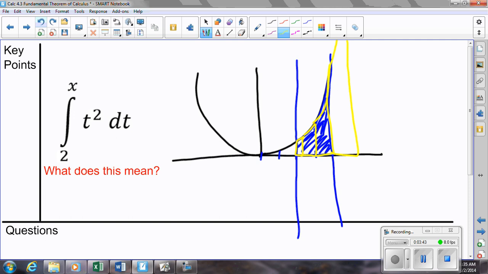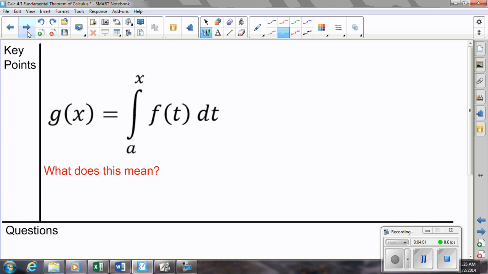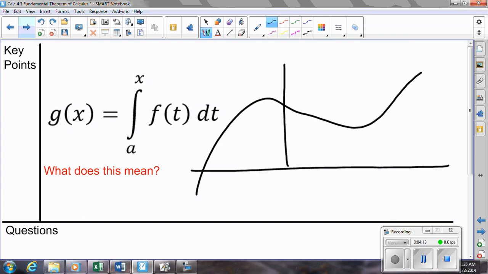In any case, we're still investigating this piece of what is the area underneath t squared between 2 and some rightward bound. Well, we can actually define a function based on this. We could define the function saying, what is the area underneath a graph between 2 bounds? As just a general quick sketch, we could be saying, here is the graph of my function f of t, and we could have the picture itself.